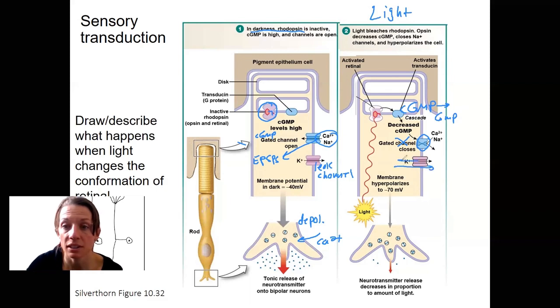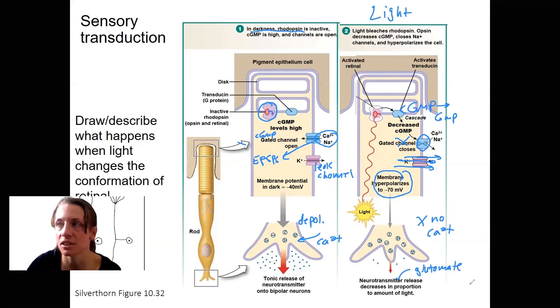Potassium, meanwhile, is leaking out all the time. So the membrane is going to hyperpolarize. This means that there is no calcium entry, no vesicle release. Vesicle release decreases. This neurotransmitter will be something like glutamate that's causing excitation of the adjacent cells.